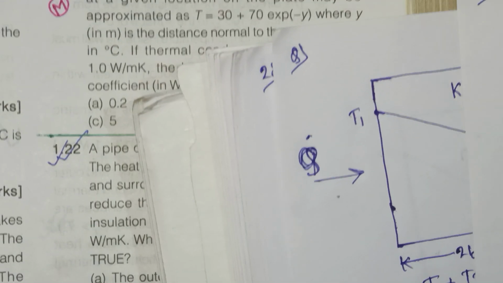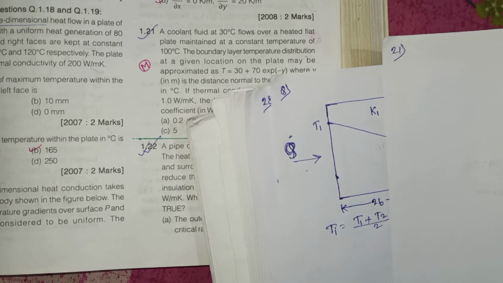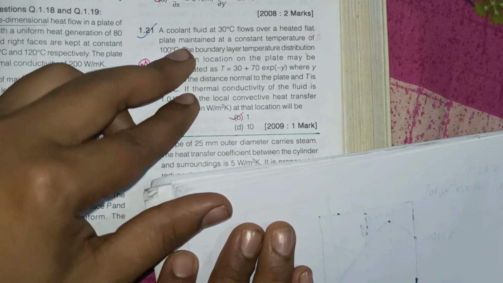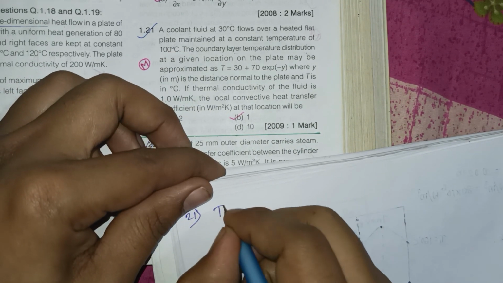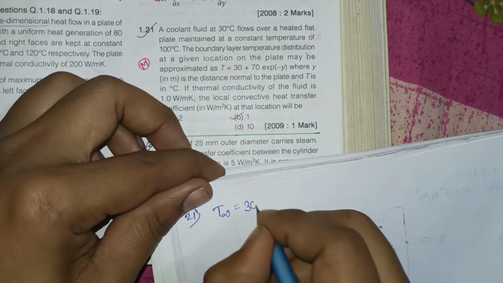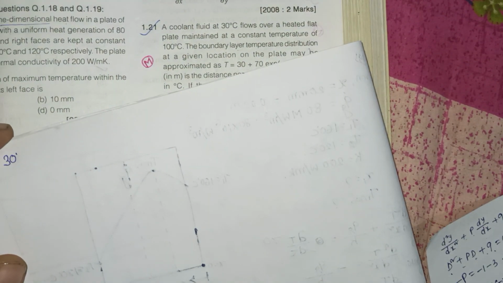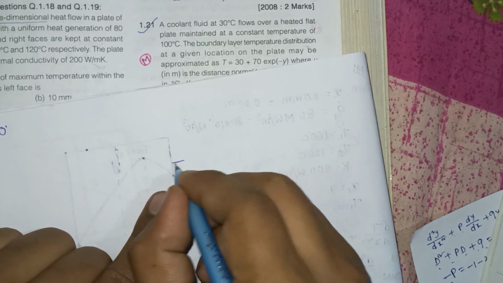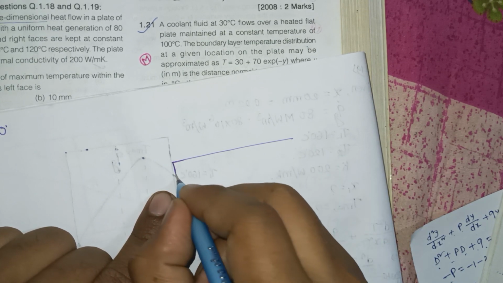So what is given in this question? So 30 degrees flows over a plate. So T infinity is given, T infinity, that is 30 degrees Celsius. So there is a flat plate here.